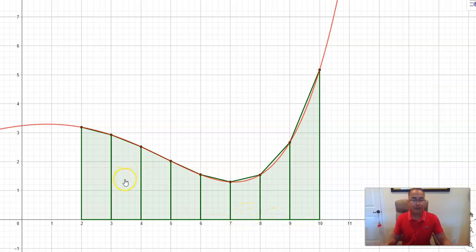For the second trapezoid, the bases are y1 and y2. So we want the average of y1 and y2 multiplied by the same height, delta x. Okay? So notice, y0 and y1, y1 and y2, then we have y2 and y3, and so on. Okay? So hopefully you see the pattern, and let's go back to our workroom and let's figure out the formula.